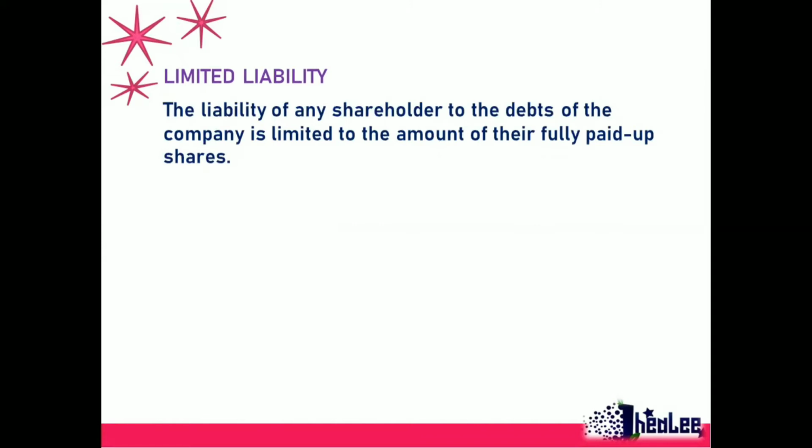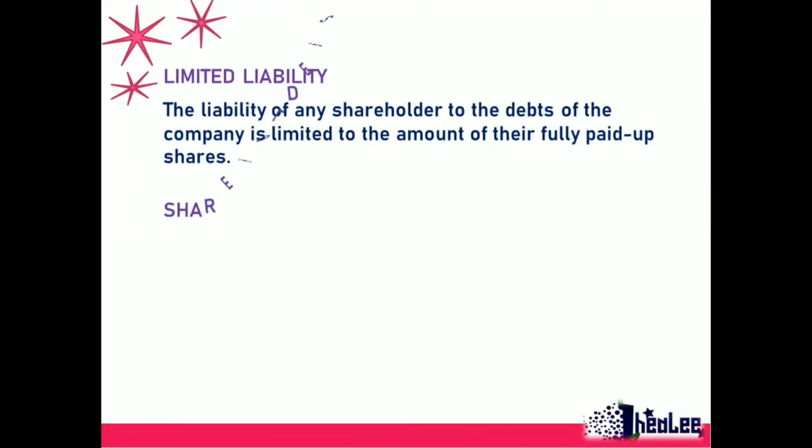What do we mean by this? The amount of shares that they have purchased in the company, the amount that they have invested in the company. Okay, and you can look at it as the outstanding shares as well. Outstanding shares means that these are the shares that have been sold to the shareholders.